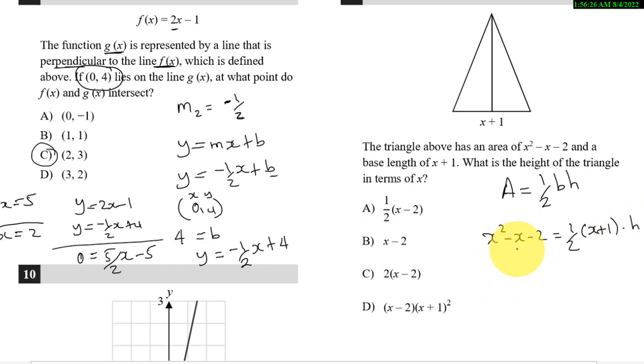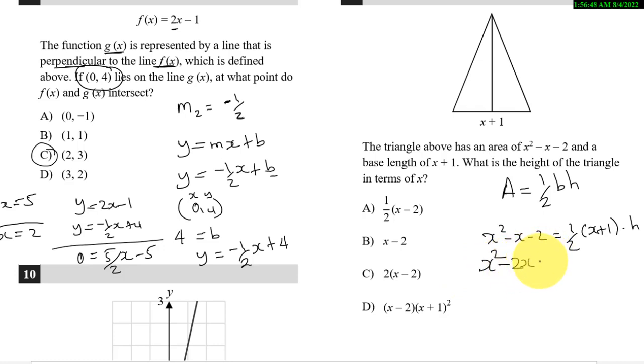Okay, so let's first factorize this side. We need two numbers whose sum is negative 1 but whose product is negative 2. Those numbers are going to be negative 2 and positive 1.